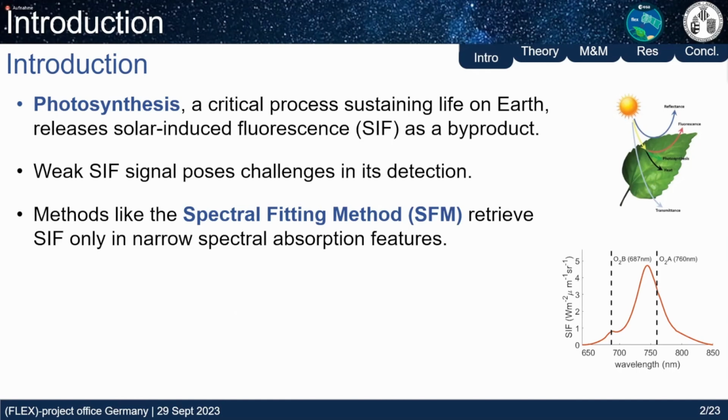However, there are narrow spectral absorption bands where the sun-induced fluorescence has a higher value relative to the reflectance, and there are methods that can retrieve this value at these narrow bands to obtain the SIF emission in these places. One of these methods is the spectral fitting method, which can retrieve it in the oxygen bands A and B.